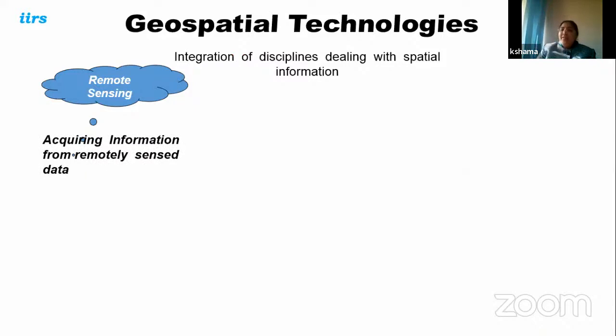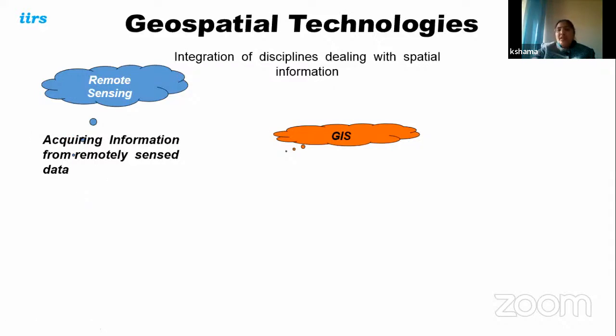Even our eyes are remote sensors, because remote sensing means we are acquiring information about any person or object without coming in direct contact. If you take the temperature with an infrared thermometer from a distance, it is also remote sensing. But once you touch the thermometer to the skin, it is not remote sensing, it is a proper physical measurement. So remote sensing is basically acquiring information from remotely sensed data.